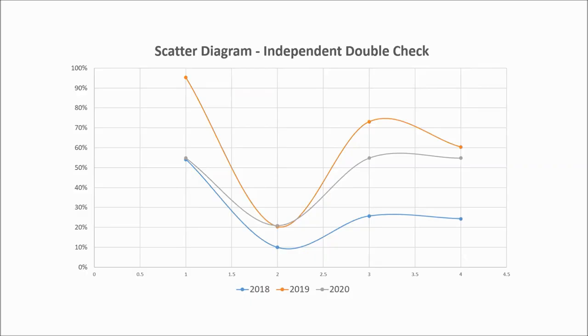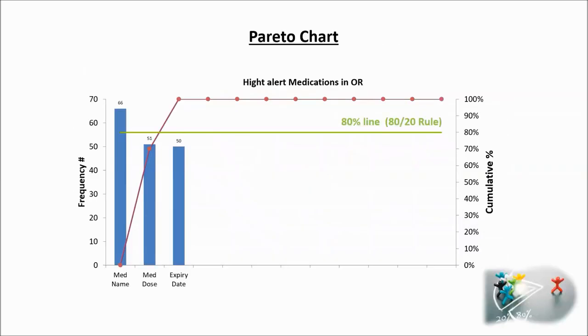Okay, thank you. Next, I'm going to go for the Pareto. You did Pareto about what? About the medication name, the medication dose, and the expiry date. These are the parameters we looked into. Where is the failure happening?